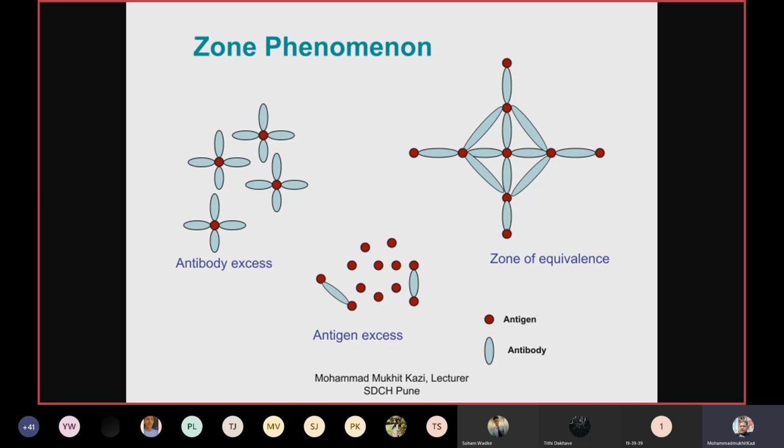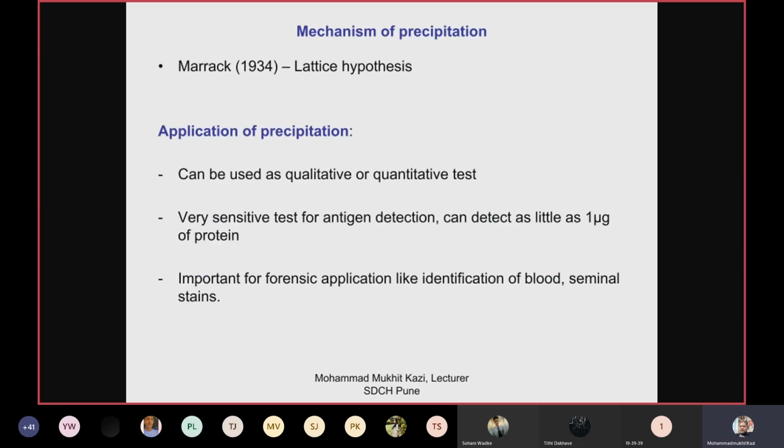So what do you need to have the zone of equilibrium? When you have the antigen and antibody in proportion, you form the zone of equivalence. And this is also called lattice formation. This is very important, which gives you the correct diagnosis of that disease by forming the proportionate level of antigen-antibody reactions.